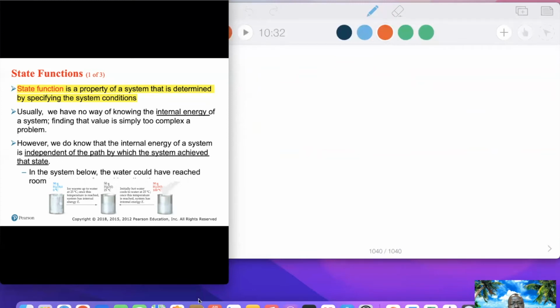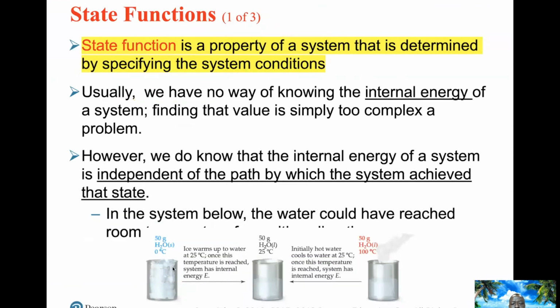This illustration here, the diagram, shows 50 grams of liquid H2O at 25 degrees Celsius. To get to this condition, we don't know. There are so many ways we can get to this state.